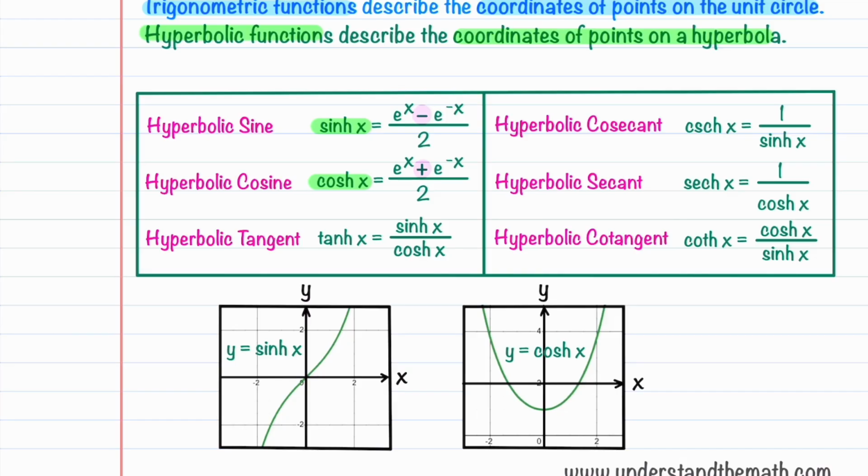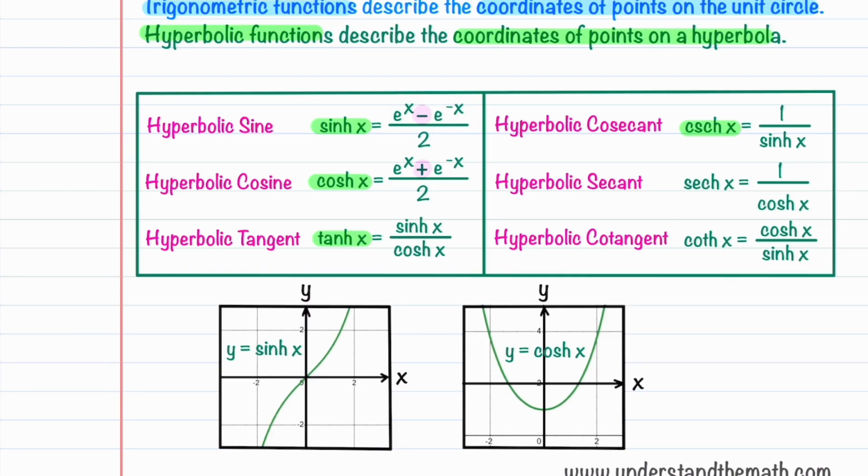The really nice thing about the other 4 hyperbolic functions is they can be defined just like trigonometric functions are defined. The hyperbolic tangent function is tanh of x, and it's sinh of x over cosh of x. The hyperbolic cosecant function can be pronounced as cosech of x, and it's just 1 over sinh of x.